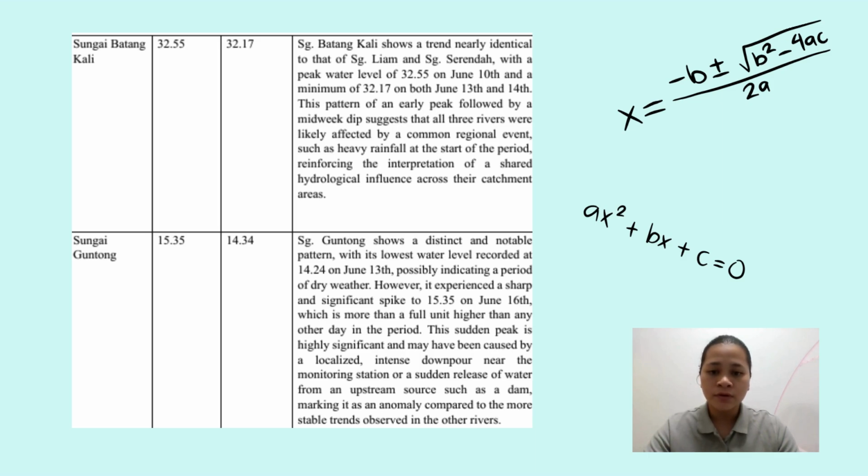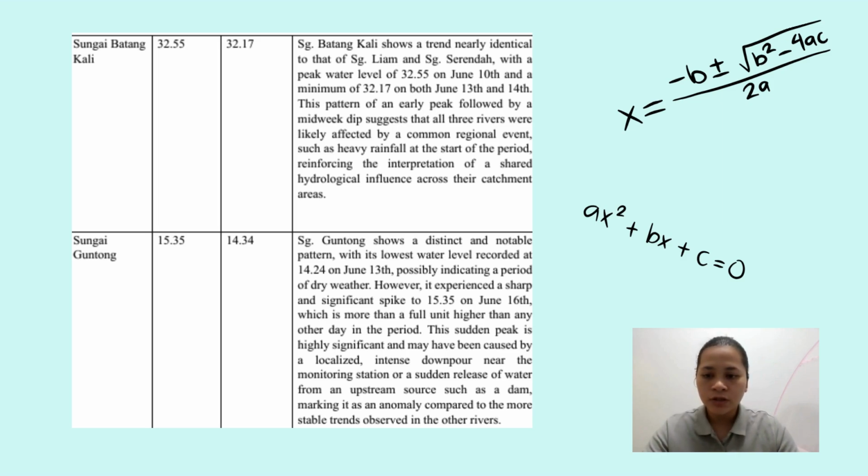This pattern of an early peak followed by a midweek dip suggests all three rivers were likely affected by a common regional event, such as heavy rainfall at the start of the period, reinforcing the interpretation of a shared hydrological influence across their catchment areas.